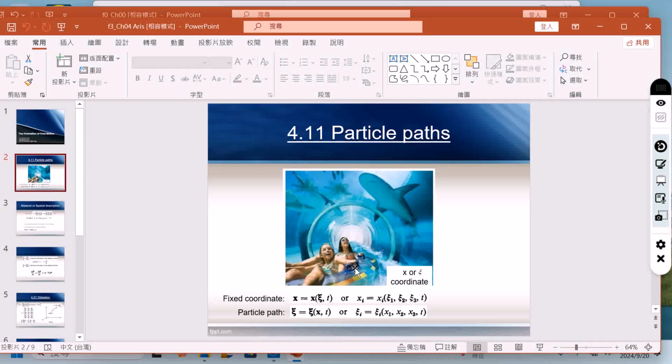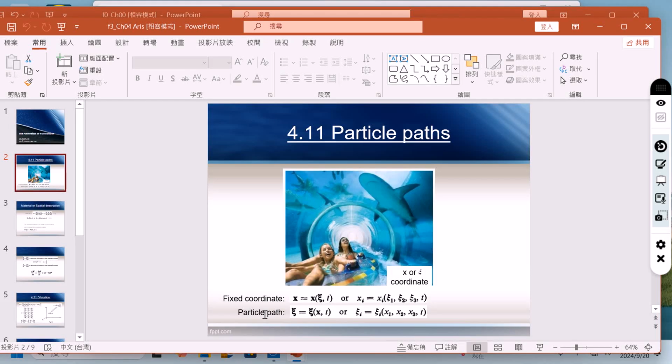Here is S and zeta. If you have the S coordinate, it means it's a fixed coordinate. And the other coordinate is what they call a particle path. It means that it flows with the fluid. All right? So you have two coordinates.